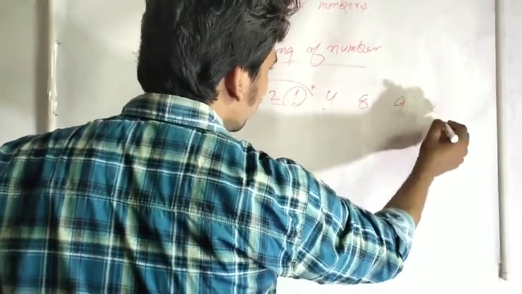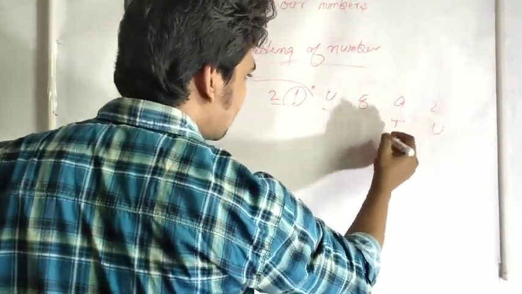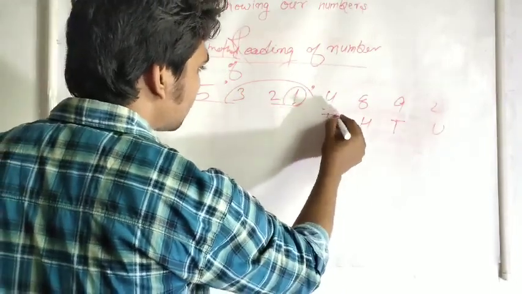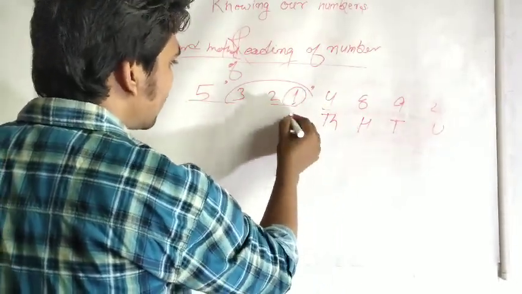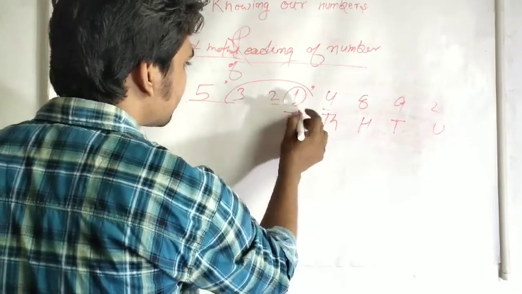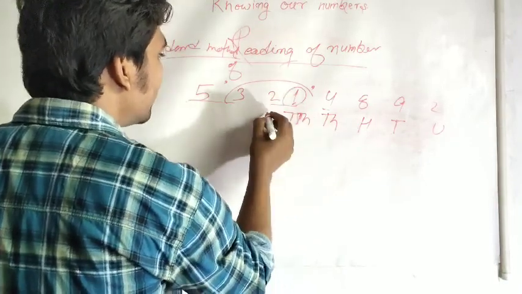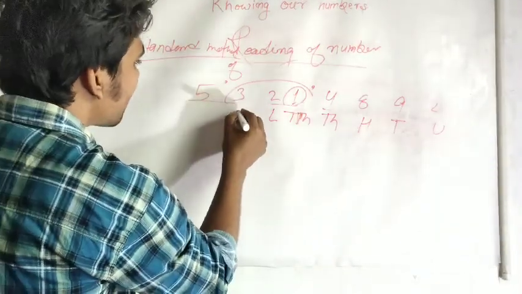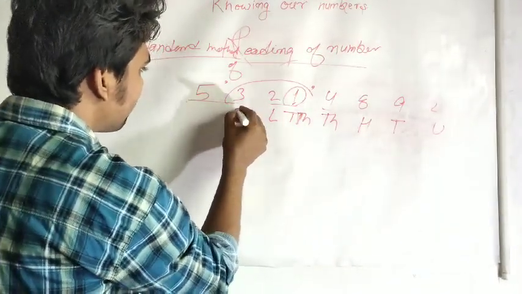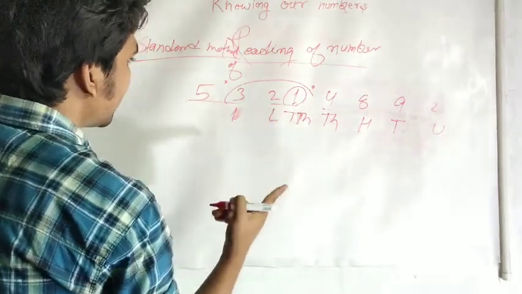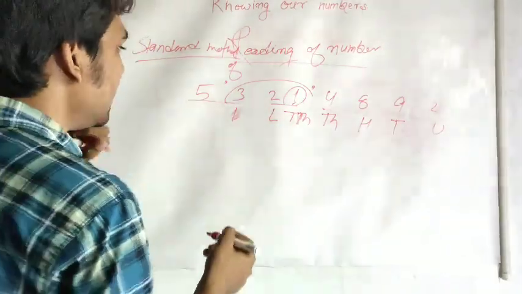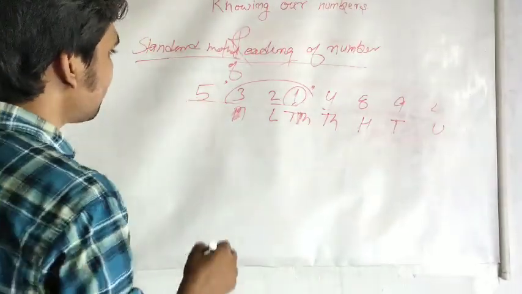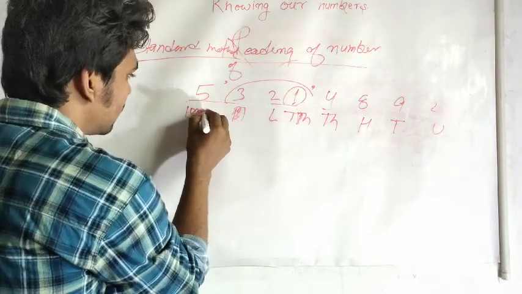We count 2 is at unit place, 9 is at 10th place, 8 is at 100th place, 4 is at 1000th place, 1 is at 10,000 place, 2 is at lakh place, 3 is at 10 lakh place, and for 10 lakh we use million in the international method, and 5 is at 10 million.